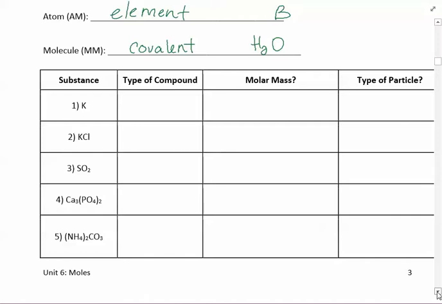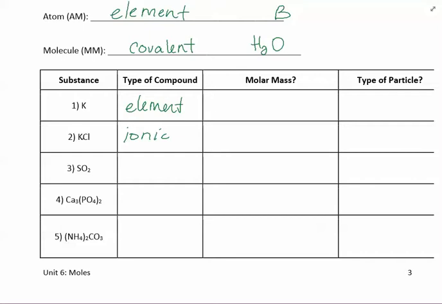So K is going to be an element. I know this is an element because K is potassium. It's one thing on the periodic table. KCl is an ionic compound. I know that because K is a metal and Cl is a nonmetal.